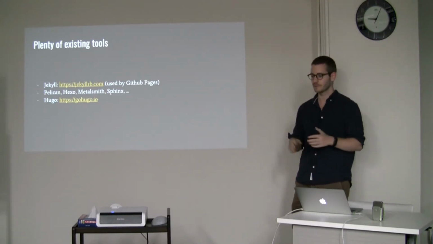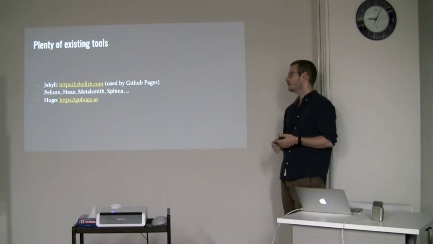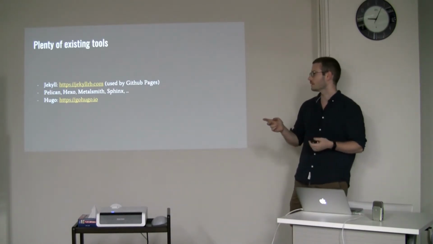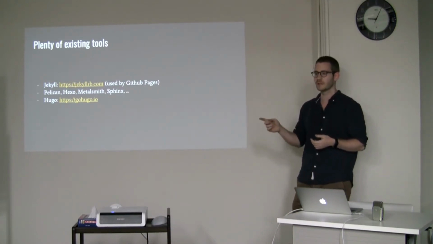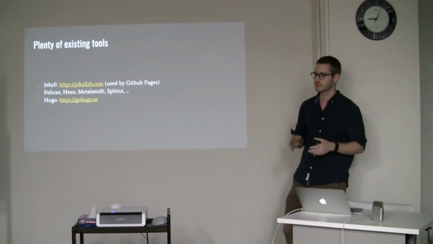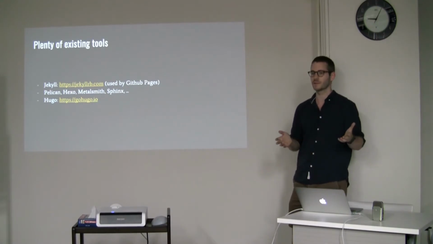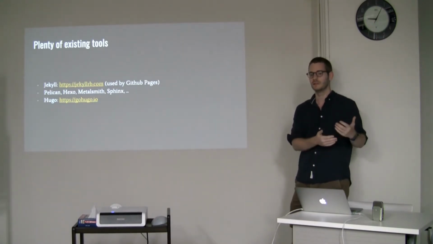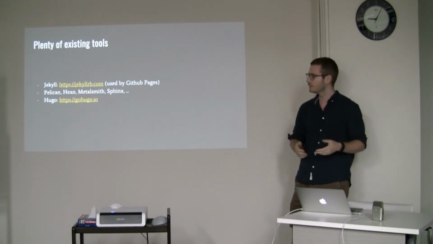And then there's a bunch of tools that were created in each language. There's Pelican in Python, Exo and Metalsmith in Node. Sphinx is a tool to write documentation for Python, but there's pretty much one for every language, because it's a nice project to start learning a language. It's something you can use directly, because most people might have a blog and can use it for that.